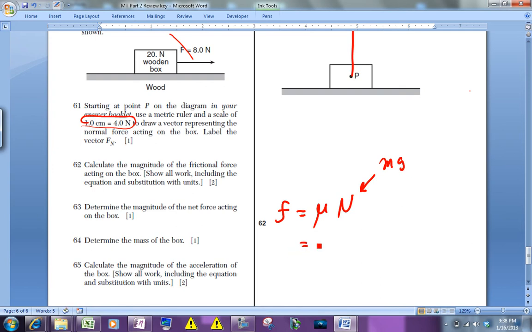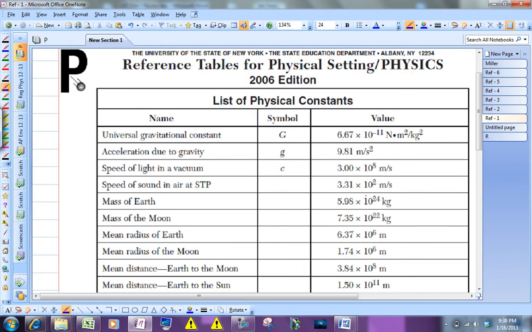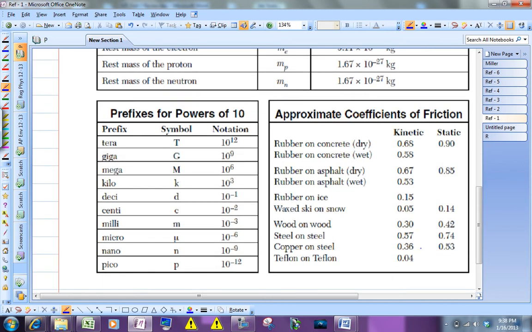So we're going to need to look up the coefficient of friction for wood on wood. This is wood, this is wood. So you need to go to your reference table on the first page, scroll down, and here we're doing wood on wood. And because the box is moving, it's going to be the kinetic coefficient of friction. So the coefficient of friction we're going to use is 0.3.